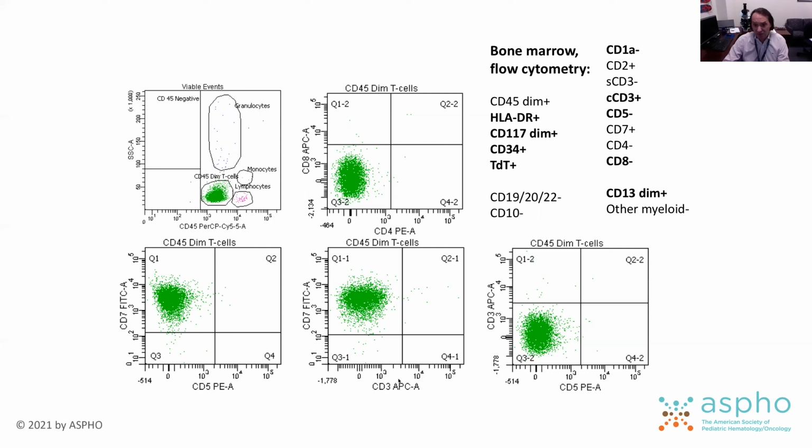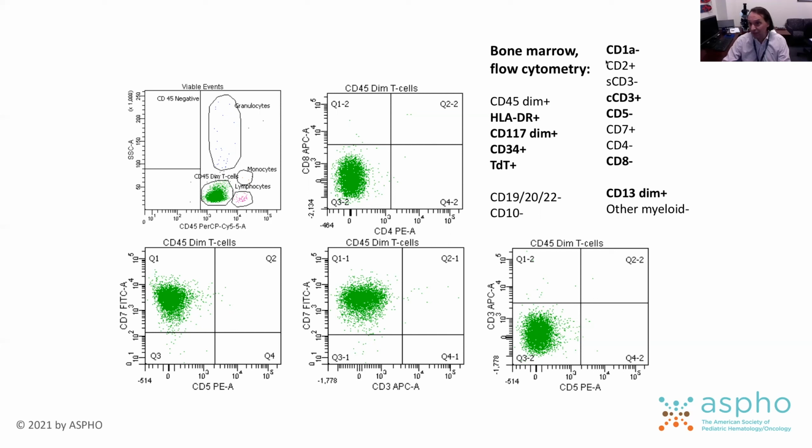They're negative for surface CD3, but in addition, they co-express HLA-DR, which is not true of most cases of TALL, and CD117, which, as I told you, is a myeloid immaturity marker typically. They're also positive for CD34 and TDT.